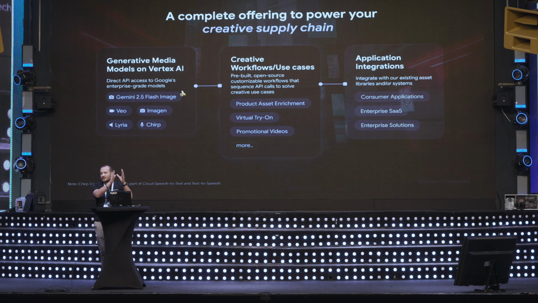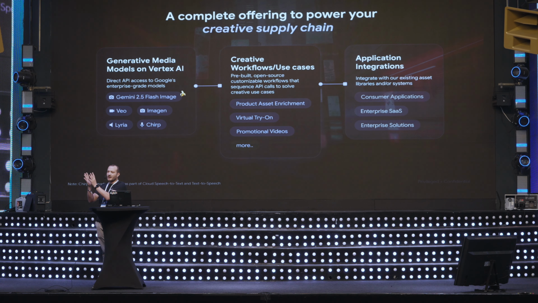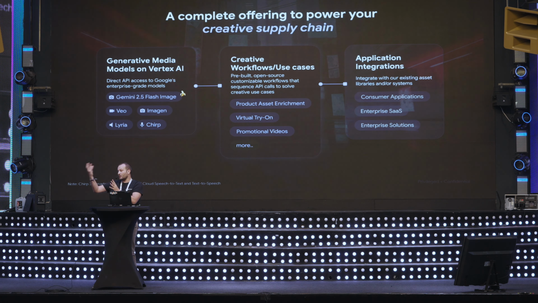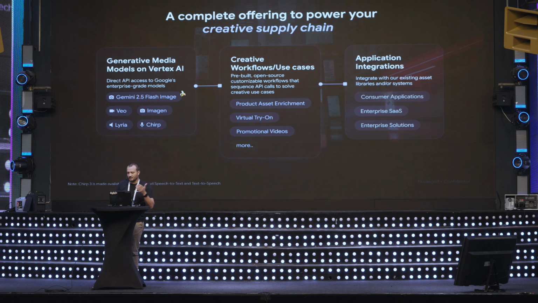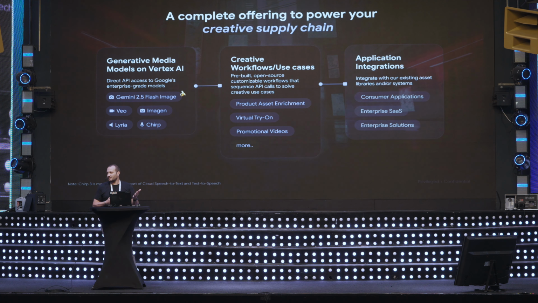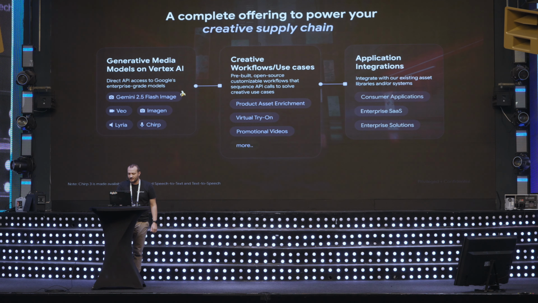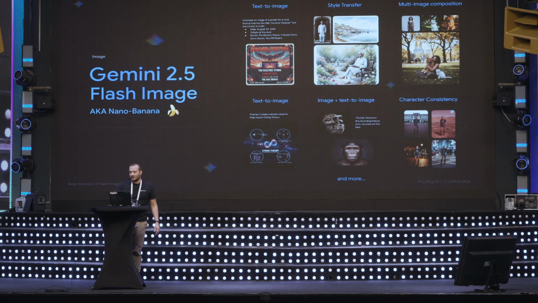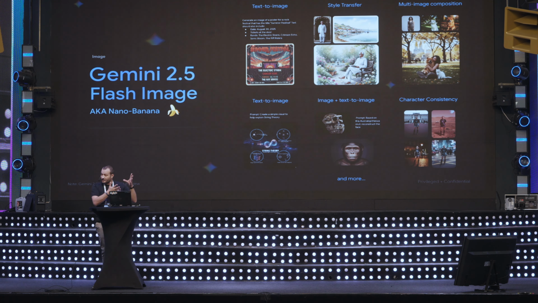After that, using those products as the basis, we have some tools to create workflows. Like here, the one that I like a lot is virtual try-on. I will show you later how this is done. And after that, the part where you can integrate them inside your applications.